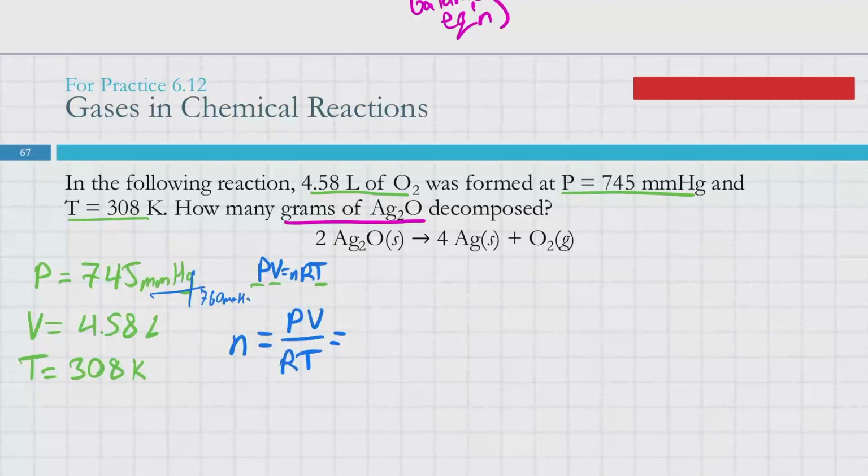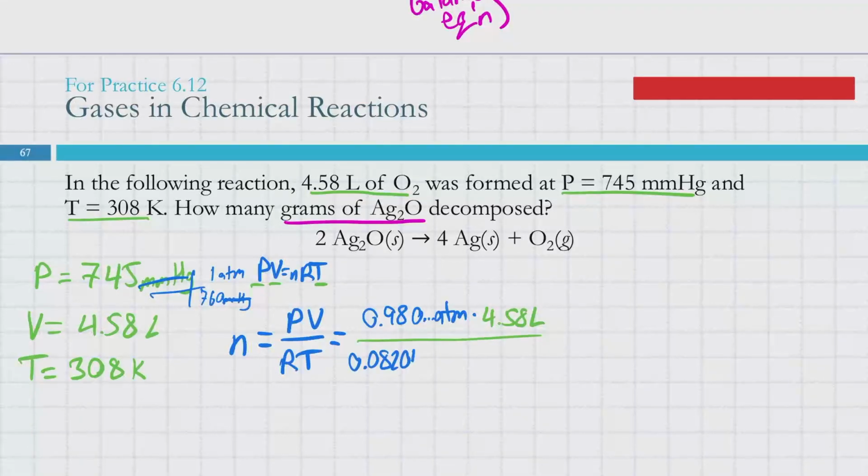We'll have to convert our pressure, so our pressure is 745 divided by 760, which is about 0.98 atmospheres, times our volume of 4.58 liters, divided by our R value, and multiply in the bottom by our Kelvin.